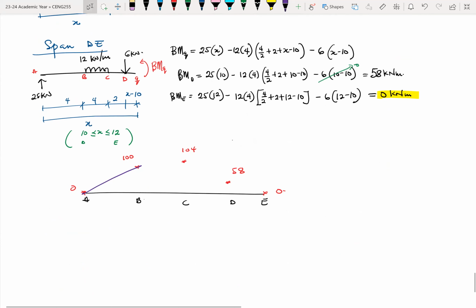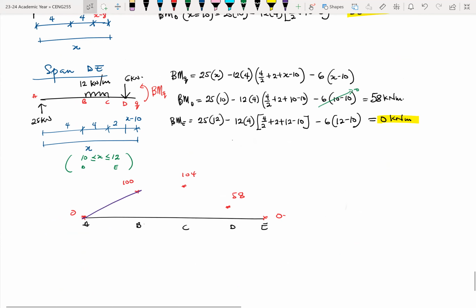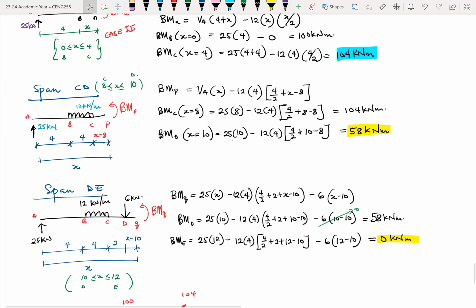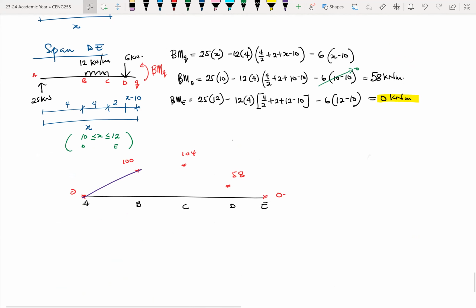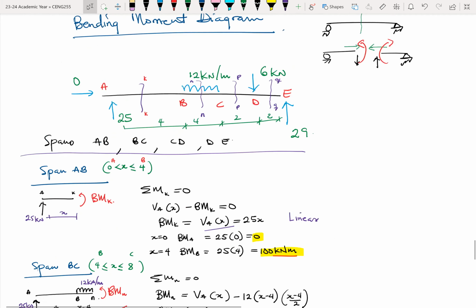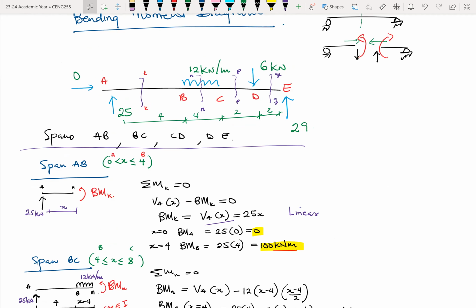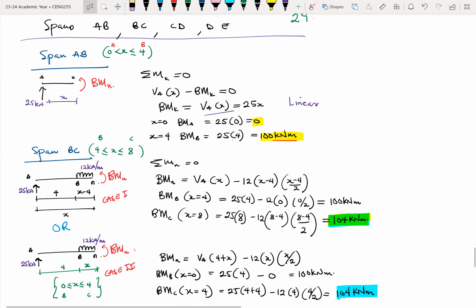Now going back, our focus is now between B and C. Between B and C is where we have the UDL. So once we have UDL, we come back to that, which is the span BC. Okay. So span BC, here is our equation.